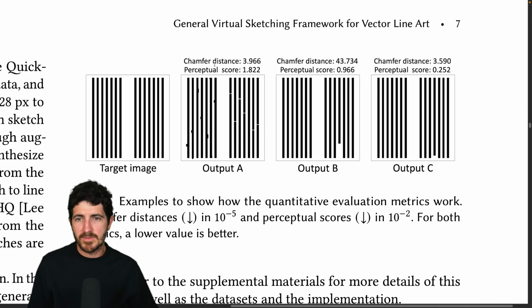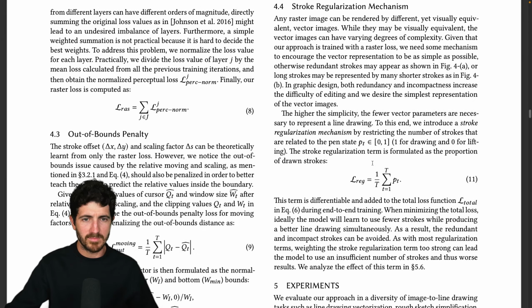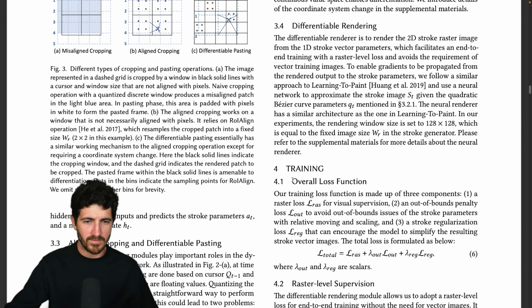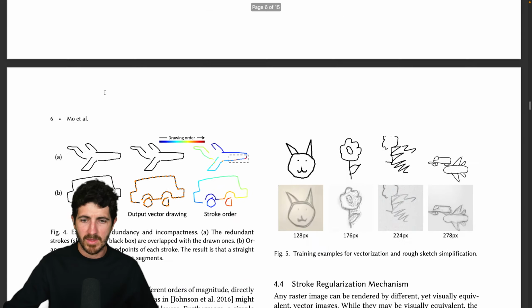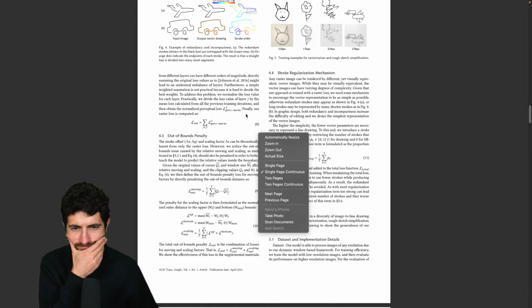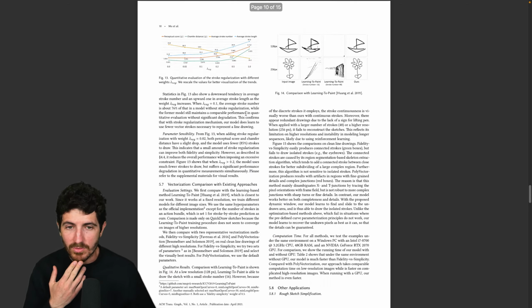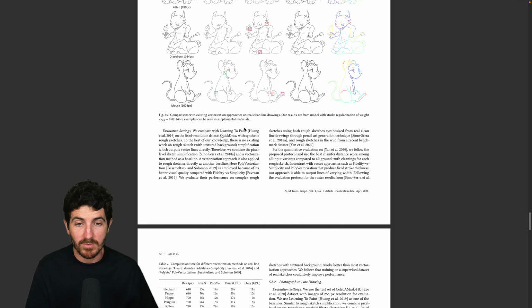Chamfer distance. Here are some metrics. Chamfer distance, perceptual score. So this is talking about raster training, overall loss function. So this is a long paper, and I have to say I need to do a bit more studying on my own, because otherwise I'm not gonna have time to cover a lot today.